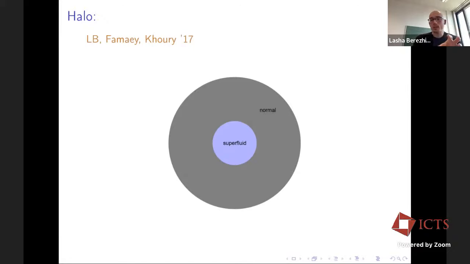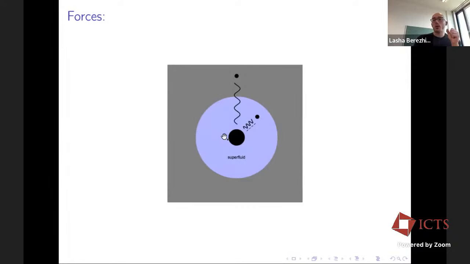And this was interesting because then we could think of, if we could make this idea of emergent long-range forces realize, we could think of baryons. So these black particles are baryons.